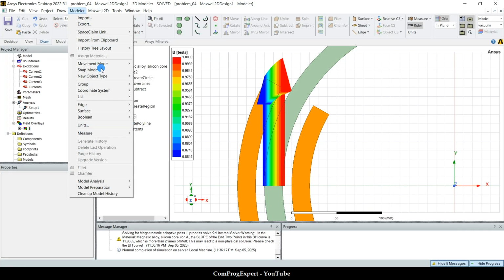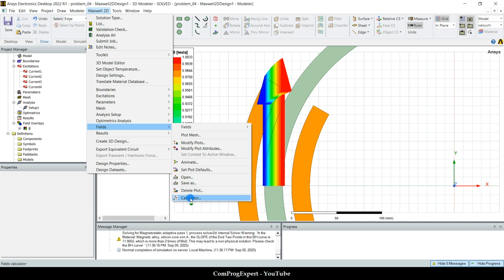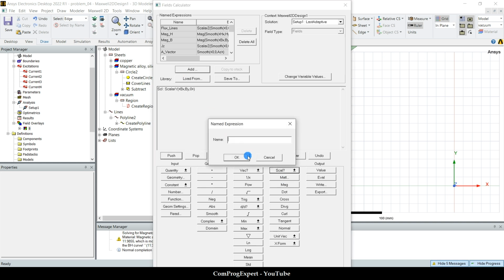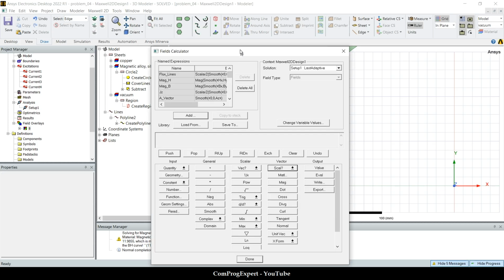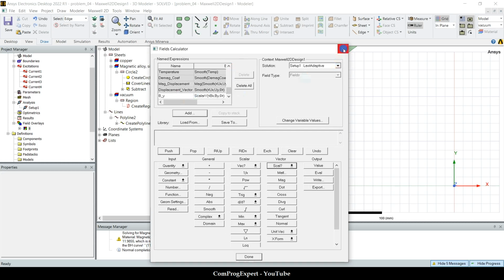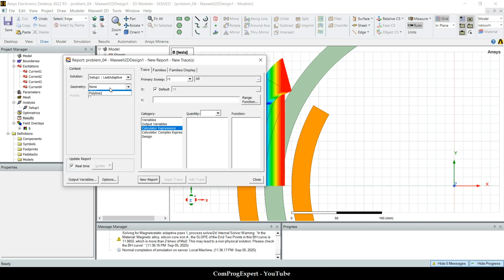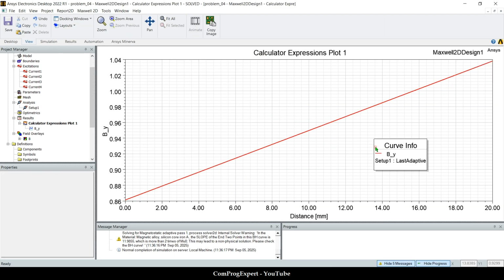So in the fields calculator, again, I want to plot By. Let's add it to the named expressions. I want to plot By along this polyline, By. So as you can see, for the inner radius, what is the distance?